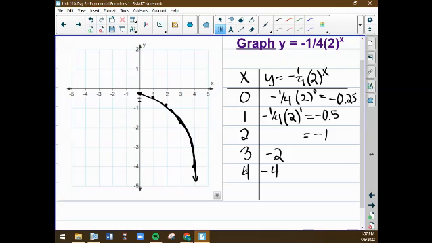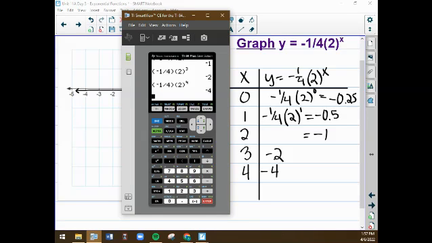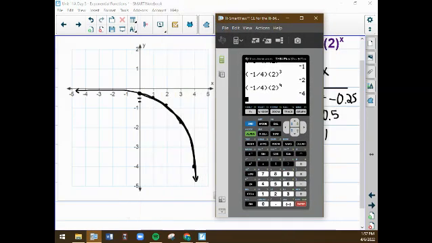In order for it to follow the pattern of an exponential function, it's going to have to go like that this time. So let's check to make sure that it's going to keep approaching and approaching 0, but not go above 0. So if I plug in negative 1/4 times 2 to the negative 2, what do we get?